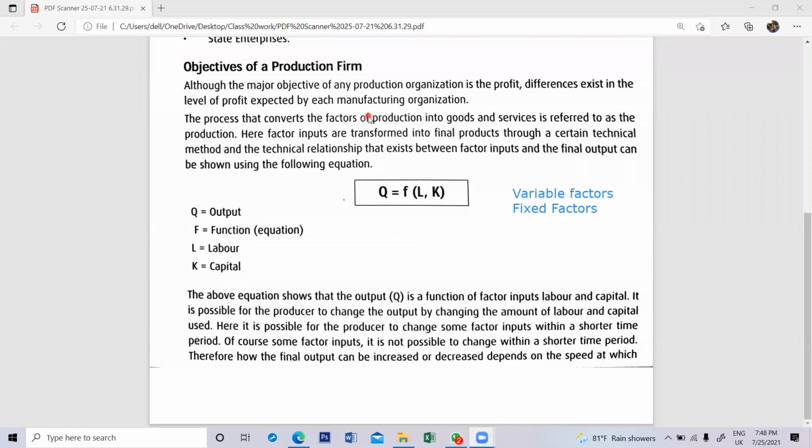Although the major objective of any production organization is profit, the difference exists in the level of profit expected by each manufacturing organization. The process that converts factors of production into goods and services is referred to as production.